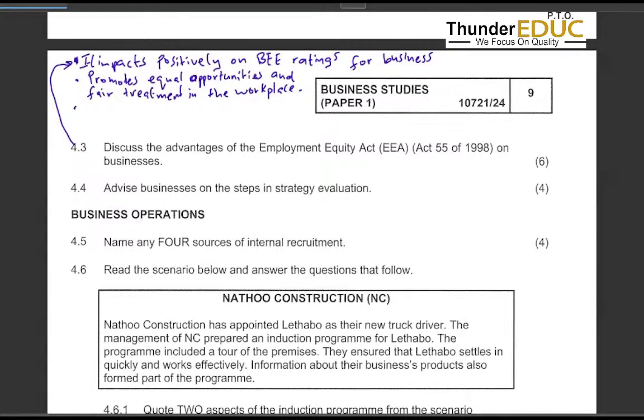So now also it encourages consultation between employees and employers. Okay, right. So now let's move on to 4.4.